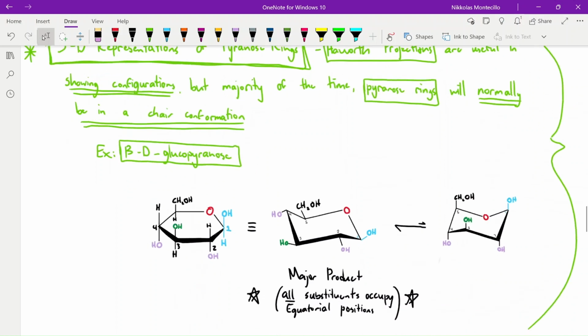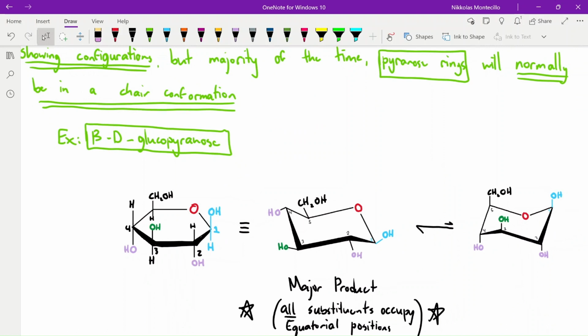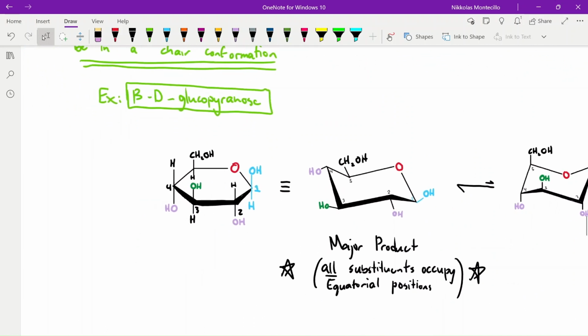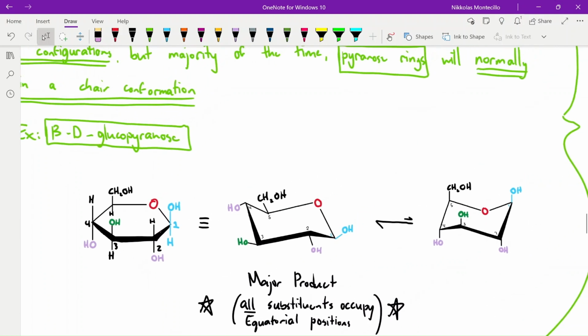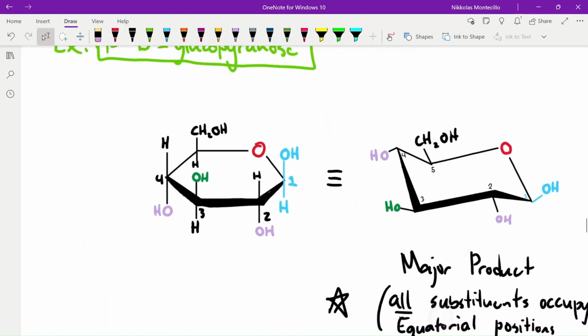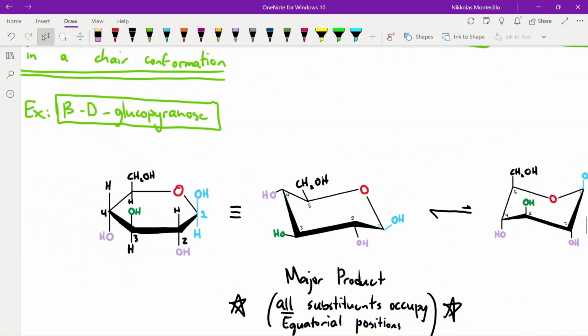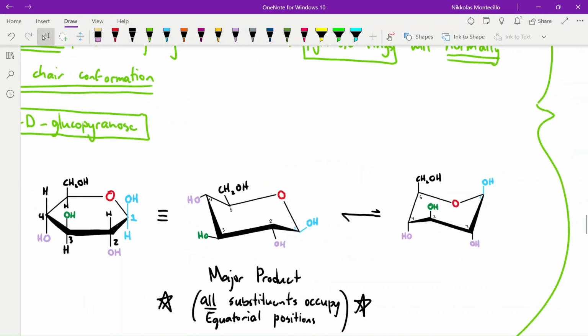So we can see here in beta D-glucopyranose, there's the Haworth projection shown over here, and then the two chair conformations, and one chair conformation is generally favored over the other.